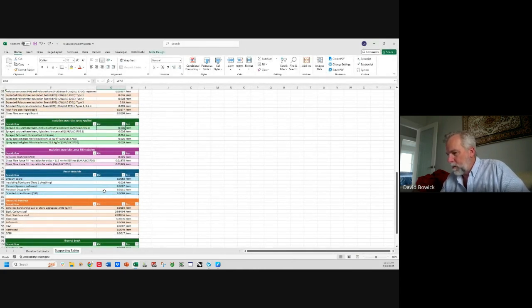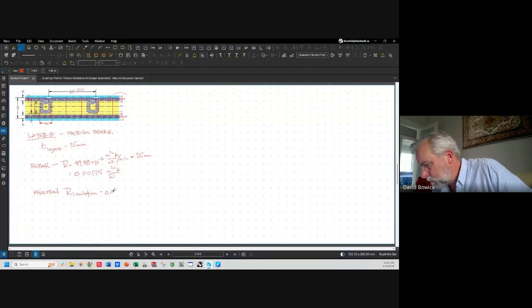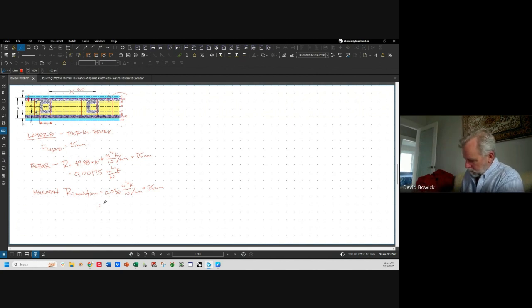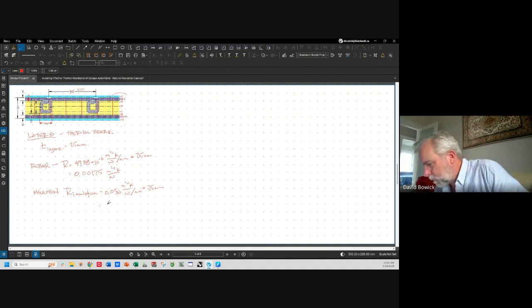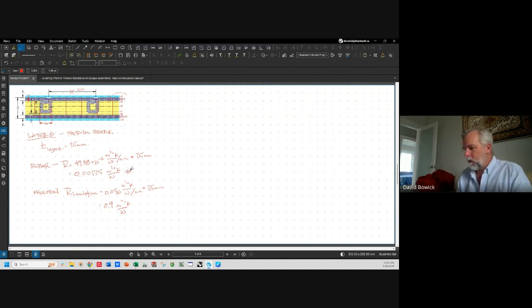Insulation spray applied, the top, 0.036 meter square degree Kelvin per watt per millimeter times 25 millimeters equals 0.9. So if our R is 0.00125, let's work on our U values.